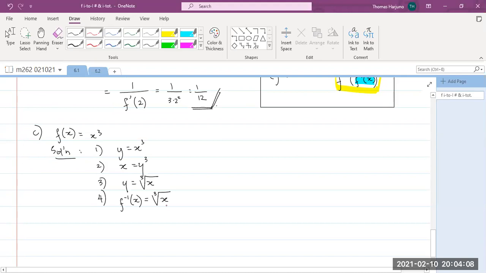Okay, and state the domain and range of the inverse function. Well, we look back into the function f(x). The domain of f(x), I need to use the original color, is all real numbers, right? It's a polynomial. But at the same time, we know the domain of f(x) is the range of the inverse function.